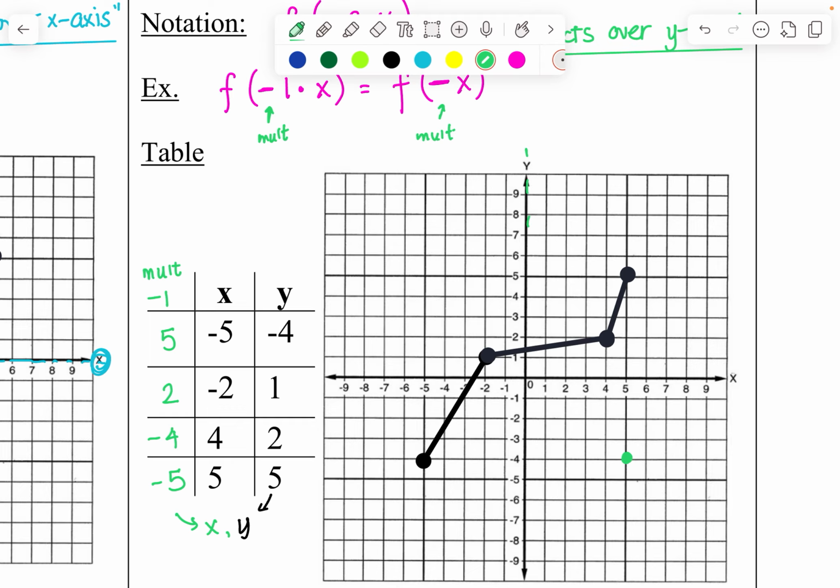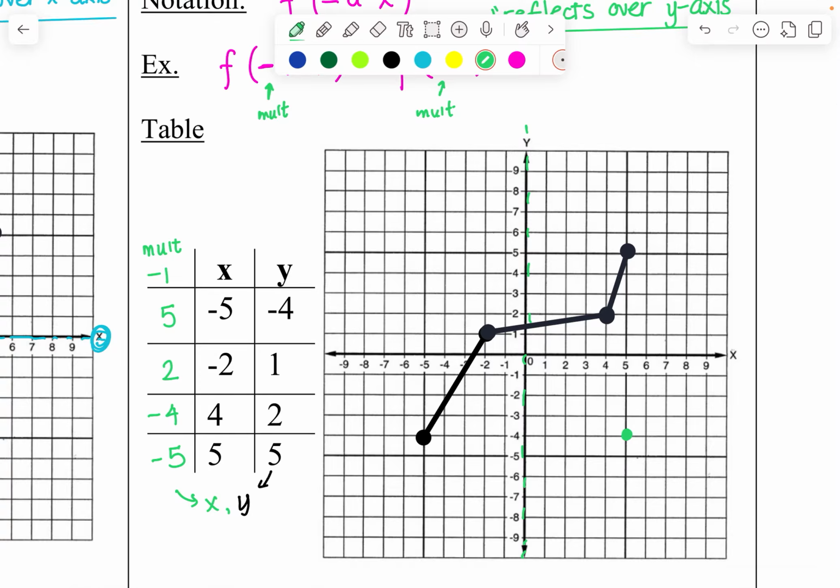Notice again, it's going to reflect over the y-axis. So I'm just drawing that there to show you that there's a reflection across that y-axis. If we fold over the y-axis, we're going to get our points on the opposite side. Okay, now we have 2, 1 right here, negative 4, 2, and then negative 5, 5. And once again, you're going to draw your lines using a straight edge.